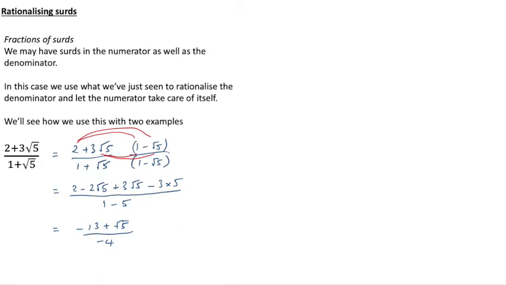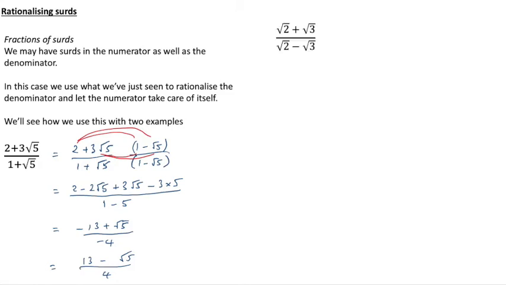We've got 2 take away 3 minus 5 for the whole number, so that's minus 13. We've got minus 2 root 5 plus 3 root 5, so that's just root 5. And then on the bottom we've got minus 4. And then finally we don't want a negative on the bottom, so we times top and bottom by minus 1, which gives us 13 take away root 5 over 4 for our final answer.